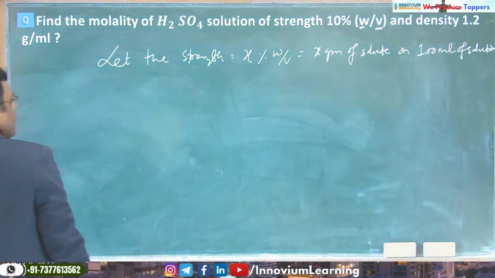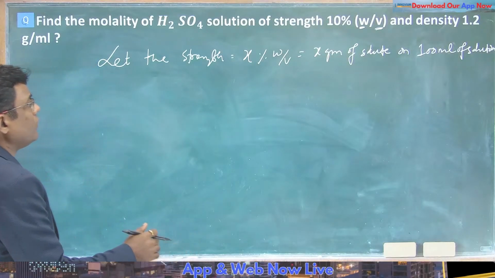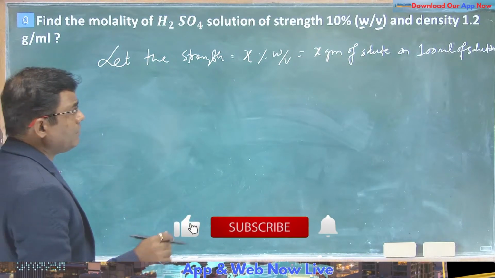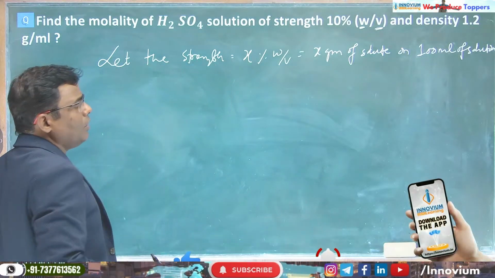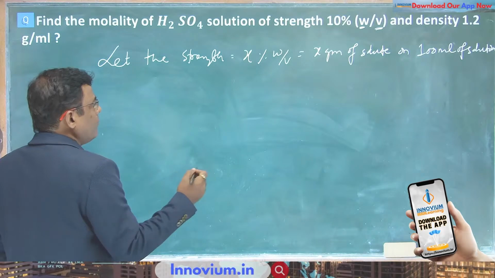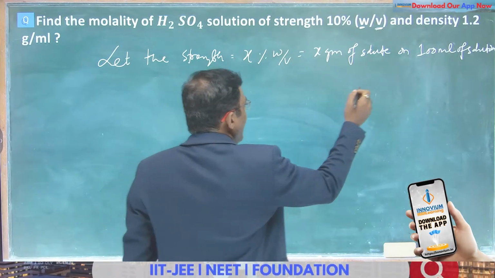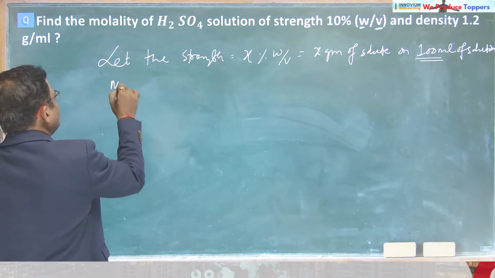If we take 100 ml of that solution, the mass of solute present is x gram. Now the density of the solution is given as 1.2 gram per ml. So what is the mass of 100 ml of solution?